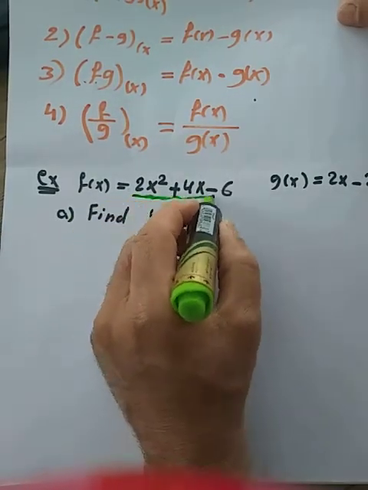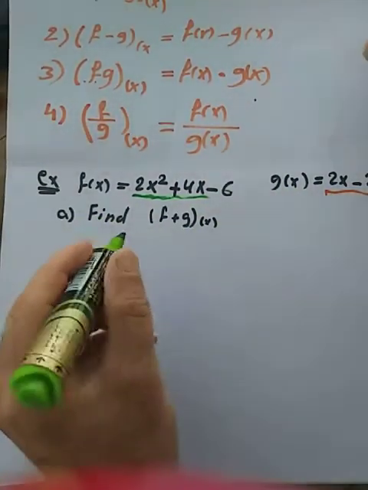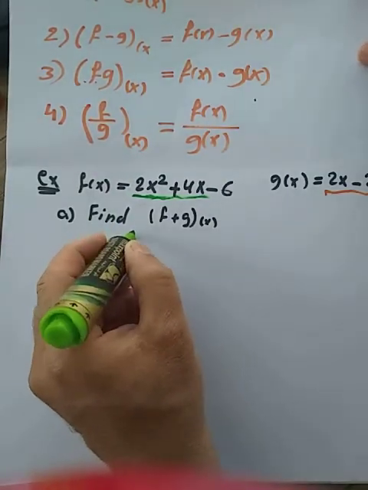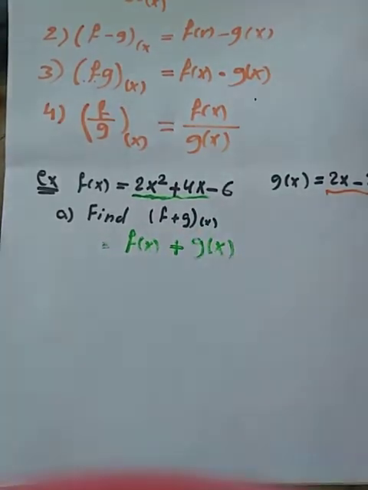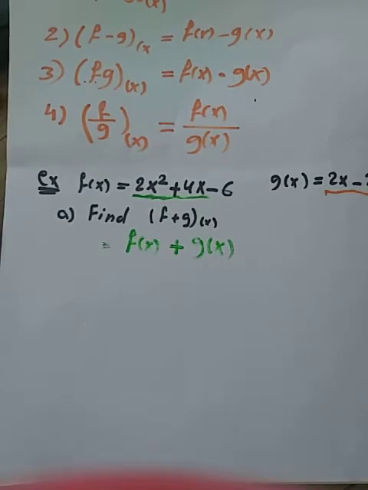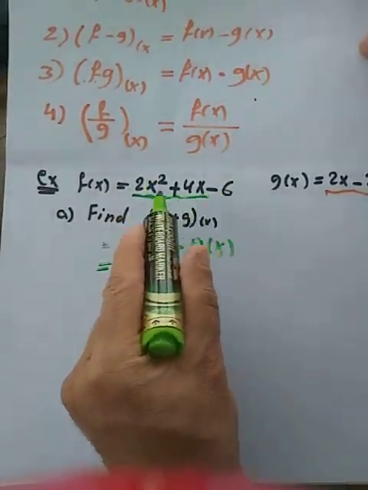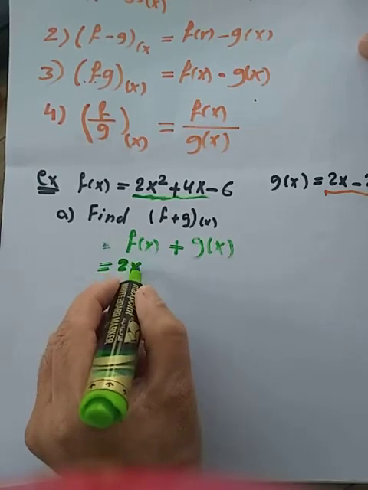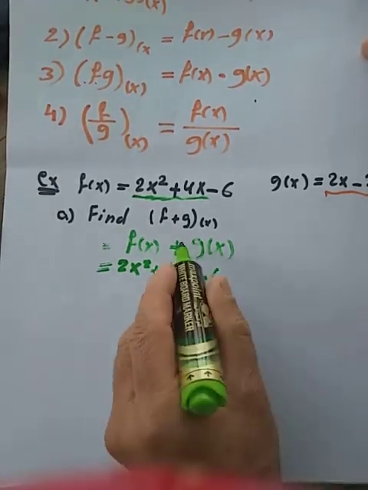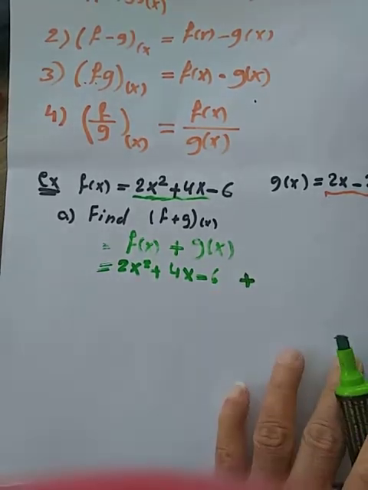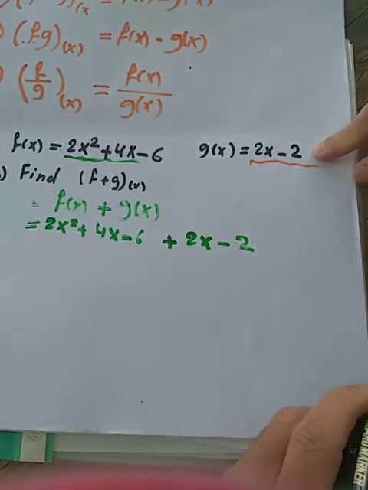This one is f, and this one is g. Equal to f of x plus g of x, equal to, this one is f, you write it down, 2x squared plus 4x minus 6 plus g of x, 2x minus 2, equal to.